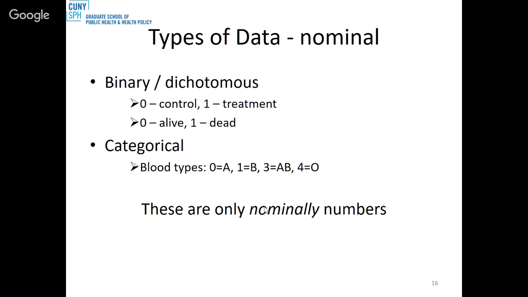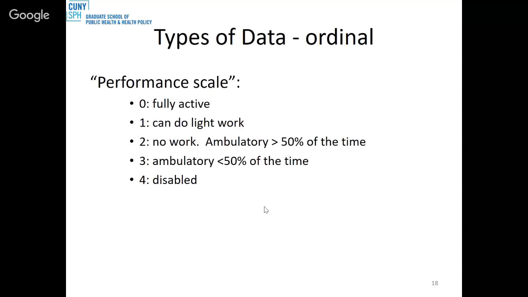Ordinal data are similar to nominal data in that any numerical representation that we have is not really numbers, but the difference in ordinal data is that there is a natural ordering to those categorical or qualitative variables.